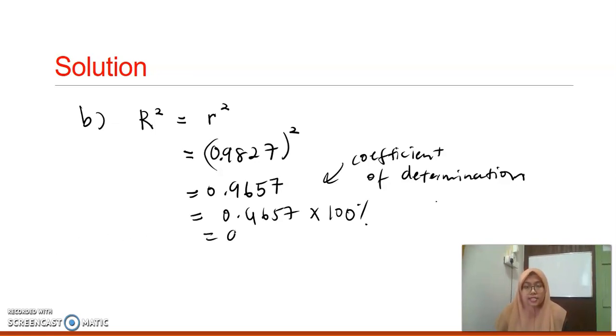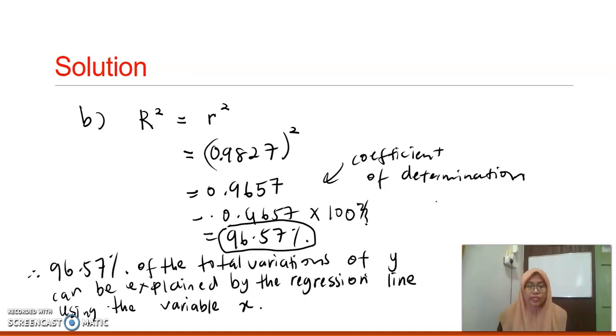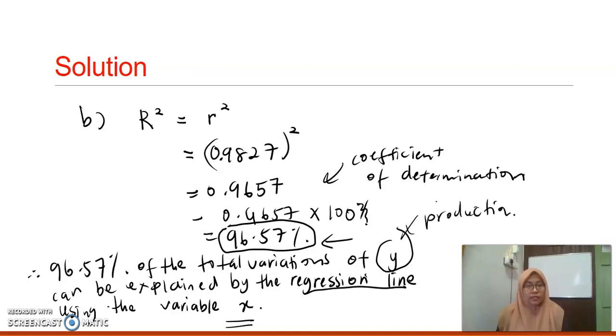So 96.57%. What can you explain about this percentage here? This means 96.57% of the total variation for production cost can be explained using the production quantity.